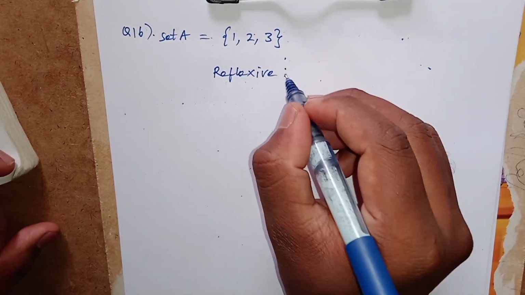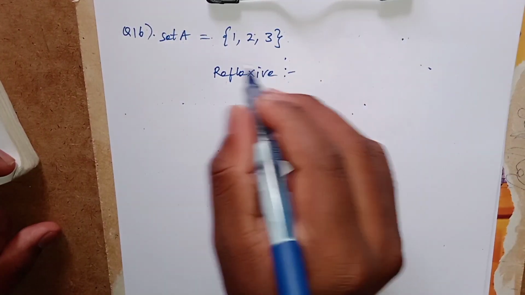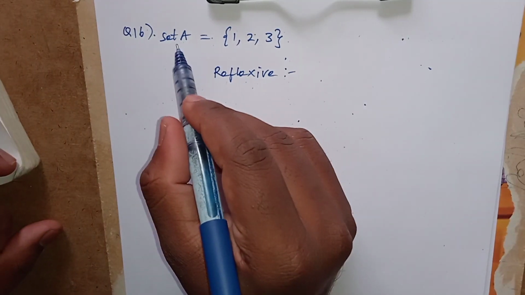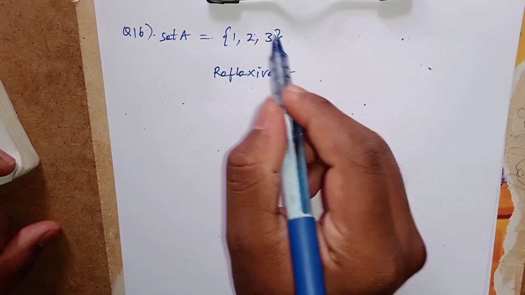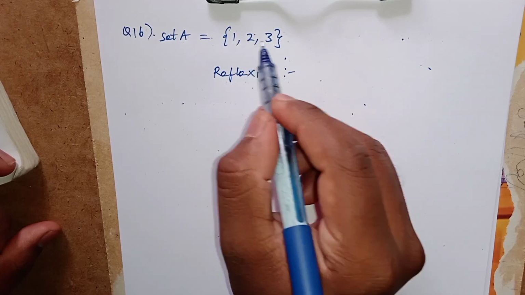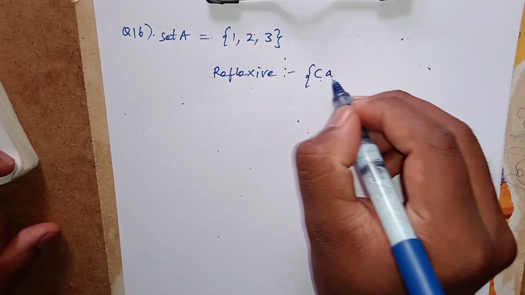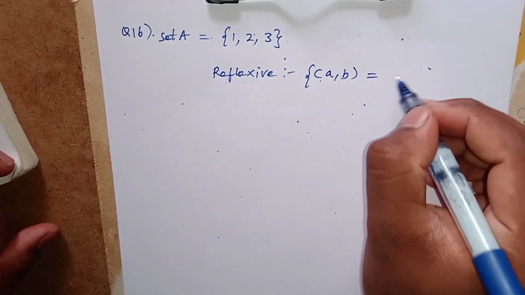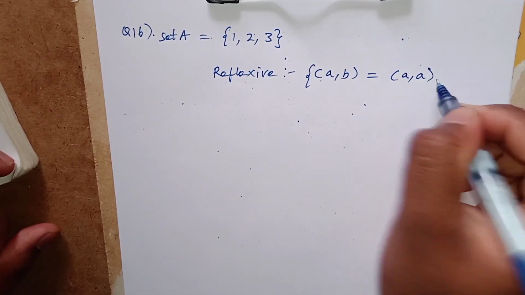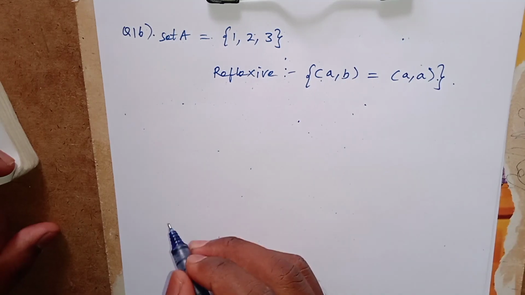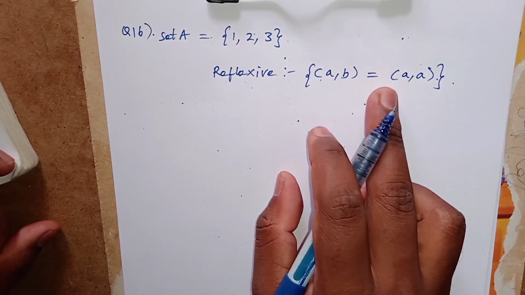First of all, reflexive means every element in set A, 1, 2, 3, should have its own identity. Identity means (a, b) = (a, a). You have to be sure like that.